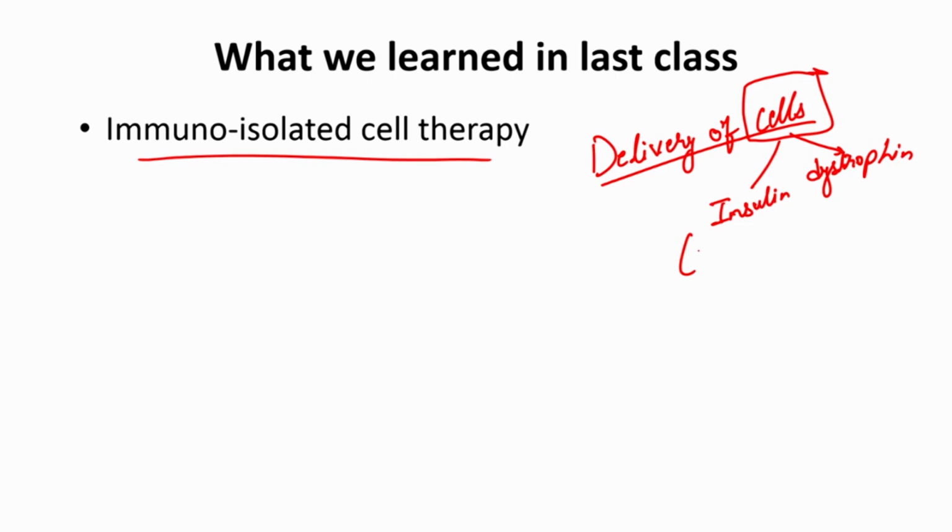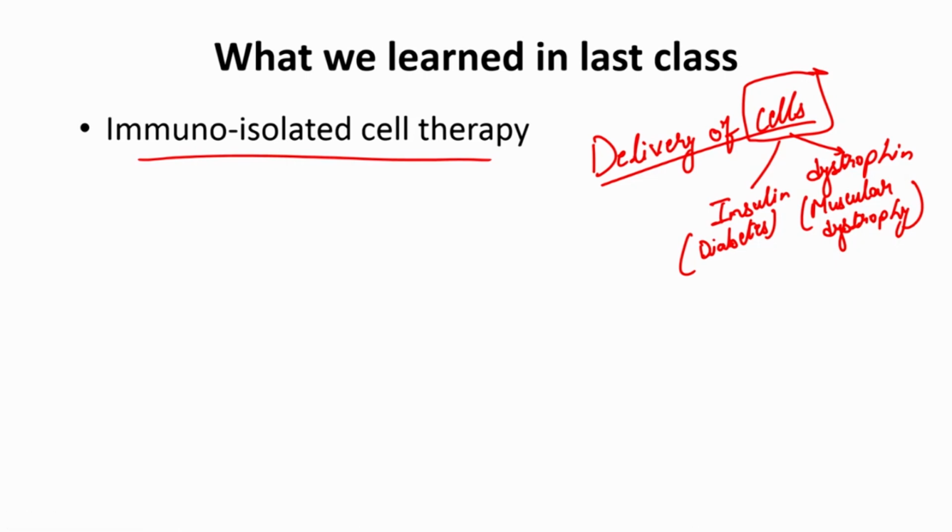Insulin is of course if you are suffering from diabetes, dystrophin is for muscular dystrophy, or this could be something else also. These are the two major applications here, but you can potentially look for any disease that requires some protein as intervention, and you can then deliver cells that are producing those proteins. So, that is what we will discuss.